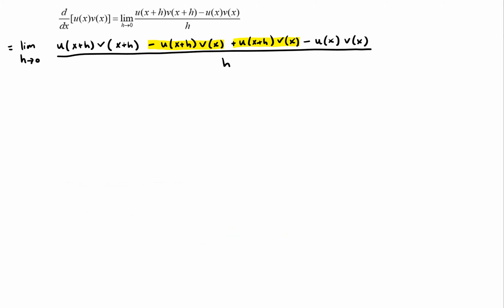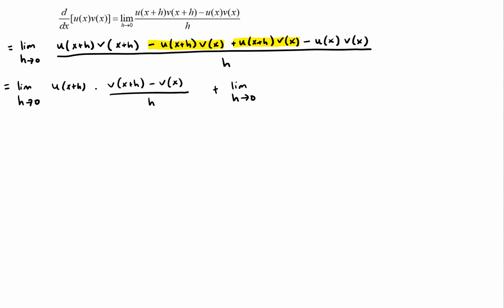So now we're going to do some factoring. I have the limit as h approaches 0, and I'm going to factor out u of x plus h, and that leaves v of x plus h minus v of x over h. Then I can separate this using a limit property.